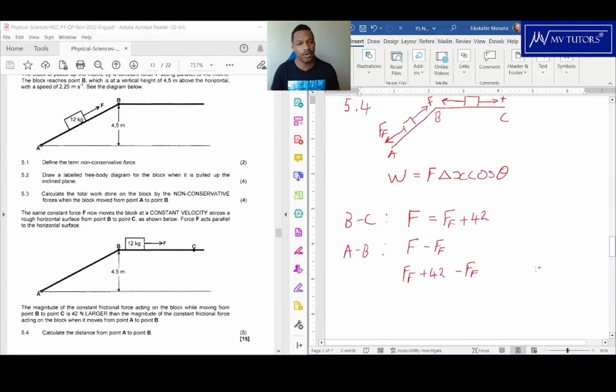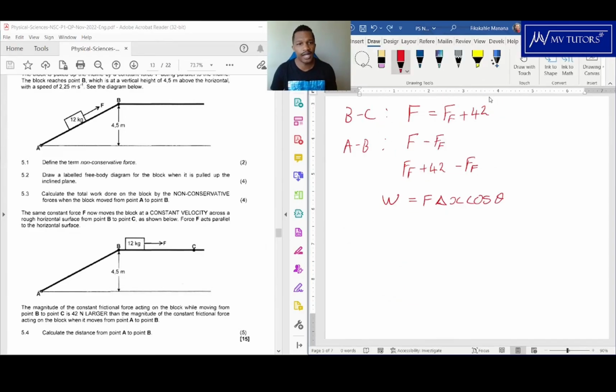Okay, so we're using this formula. Let's just write it again so that things flow really well. Change in distance and then cos theta. The work done, we solved it to be 559.58.